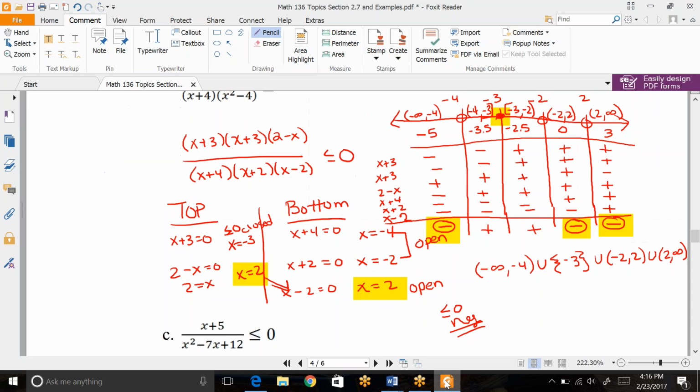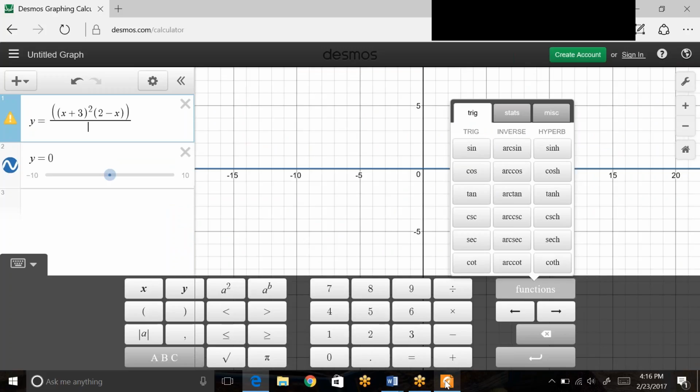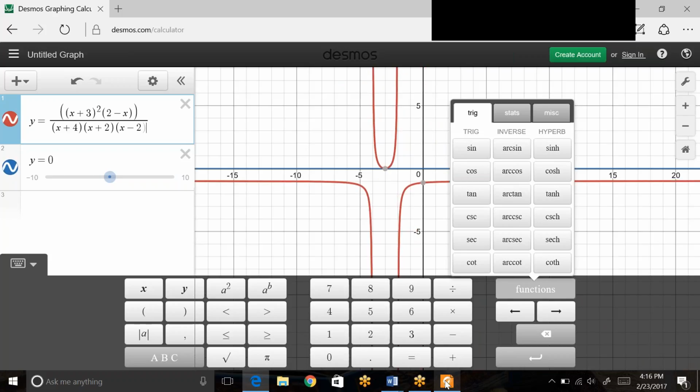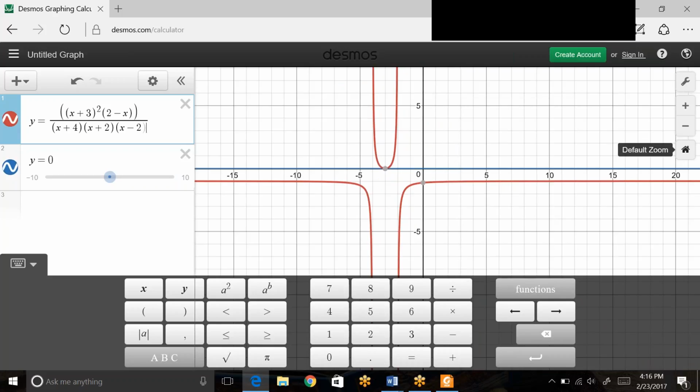On the bottom, I have x plus 4. I also have an x plus 2 and an x minus 2. We would never ask you to graph this one to solve this, but I did want to show you something interesting about the problem. So let me close this part out.